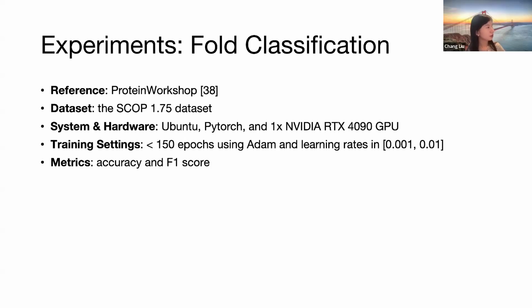So we also follow the settings of Protein Workshop. We leverage the dataset, SCOPe 1.75, and downloaded it from the internet. We trained all the models using PyTorch and a single NVIDIA RTX 4090 GPU. For the training settings, we set up to 150 epochs using the Adam optimizer and learning rates ranging from 0.001 to 0.01.